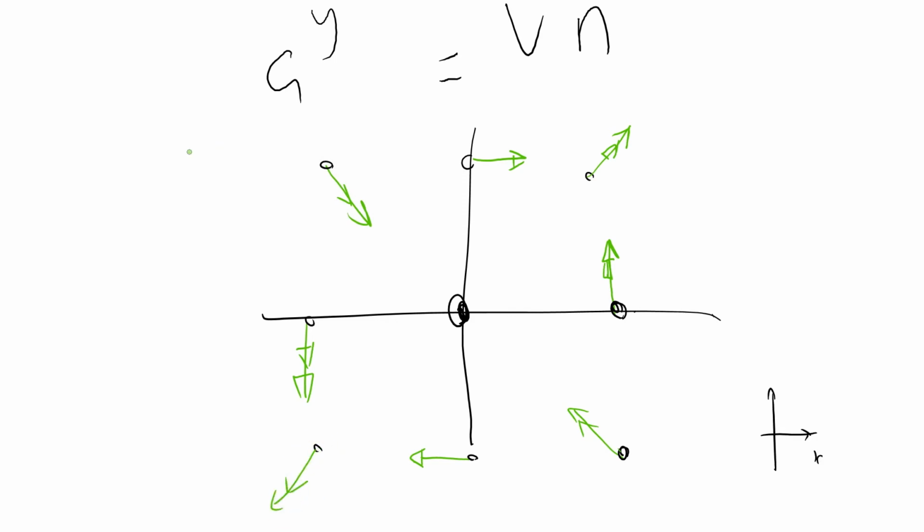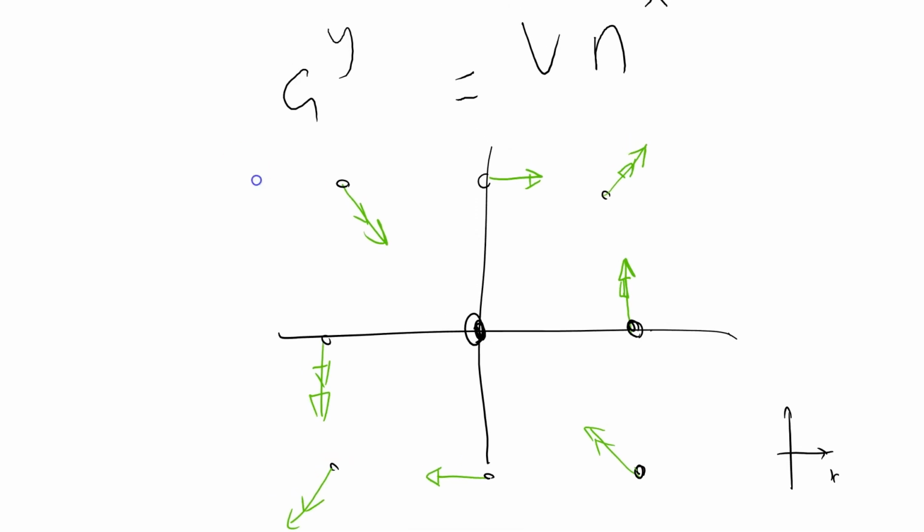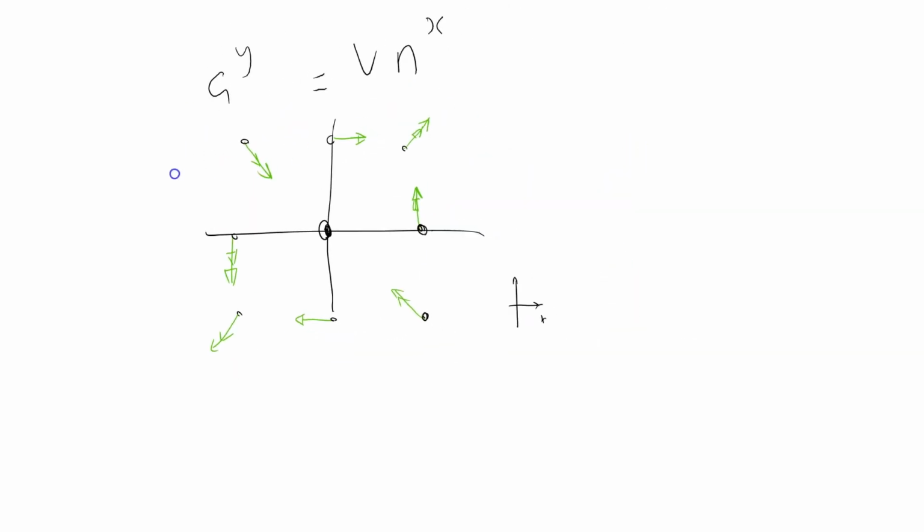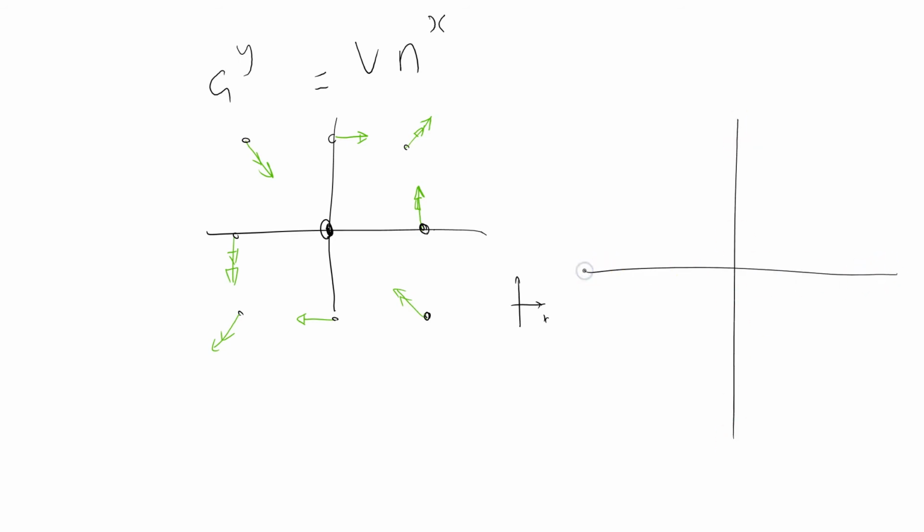So if I were to try and draw the pattern of how the whole plane looks, it looks, oops, that's green. Let me go back to black, or at least I'm trying. So the whole pattern looks like, let me draw it in orange.